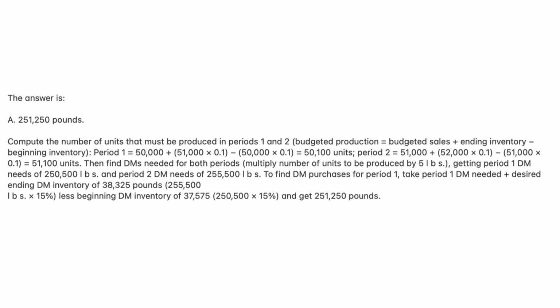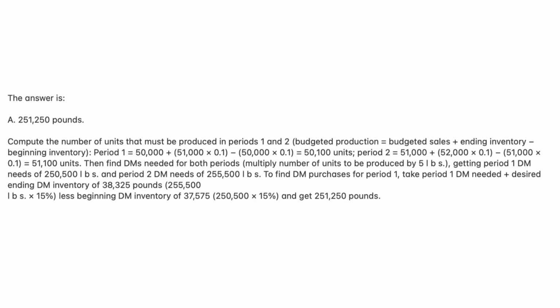Then find DM needed for both periods by multiplying the number of units to be produced by 5 lbs, getting period 1 DM needs of 250,500 lbs and period 2 DM needs of 255,500 lbs.